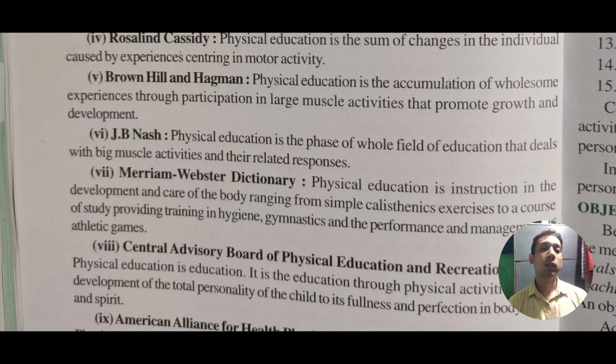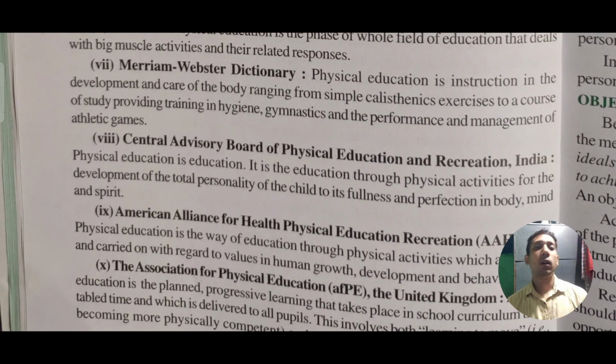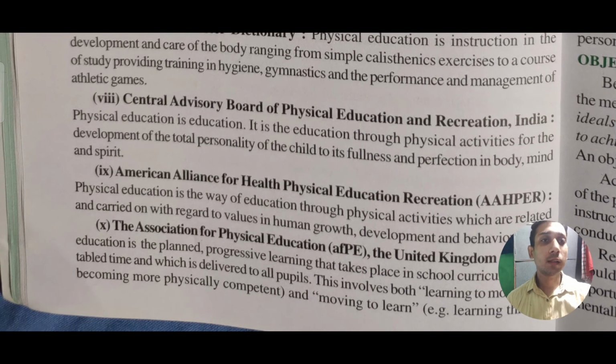Thereafter, Merriam-Webster, a dictionary, introduced that physical education is all about the development and care of the body, and also some calisthenic exercises, which will give you good hygiene, gymnastics and also performance. Thereafter, we can see the Central Advisory Board of Physical Education and Recreation, India.